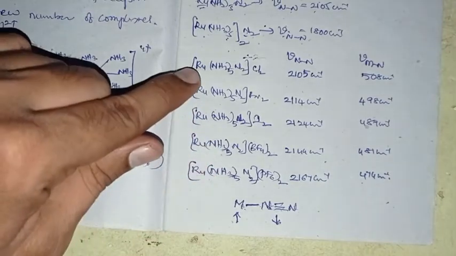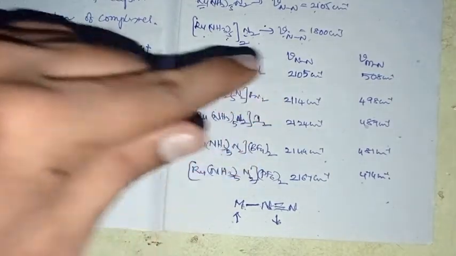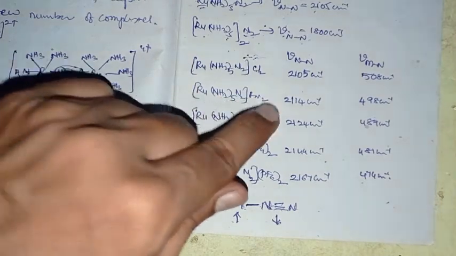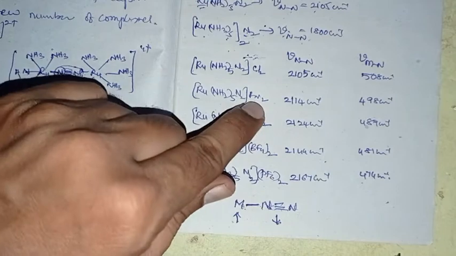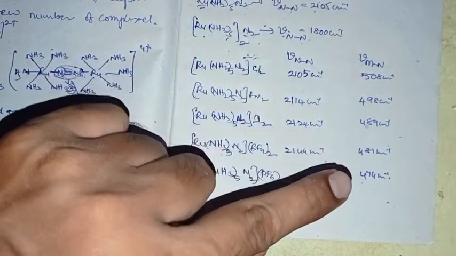What I mean to say is that ruthenium to chlorine has stronger bonding compared with ruthenium to bromine, because the size of bromine is larger and its electronegativity is lower.